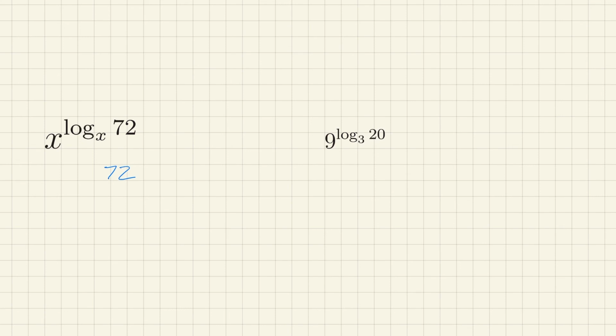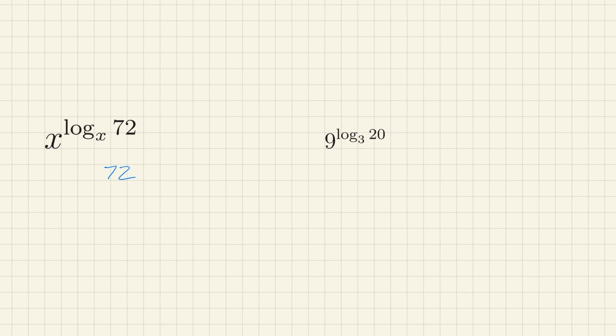One little piece here that we want to note is that 9 is not 3. So these two are not exactly alike. So they're both not a, but we can write 9 in terms of a 3, right?